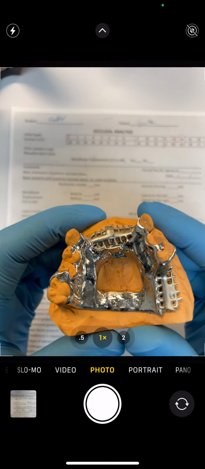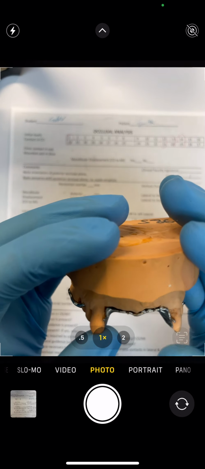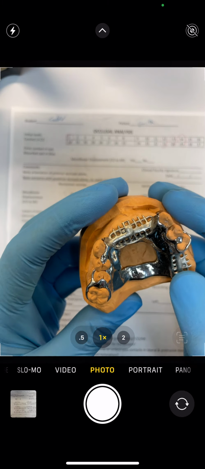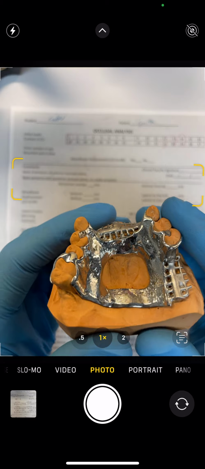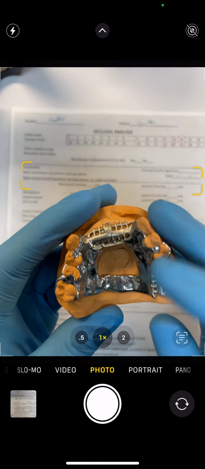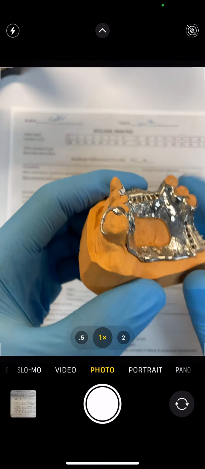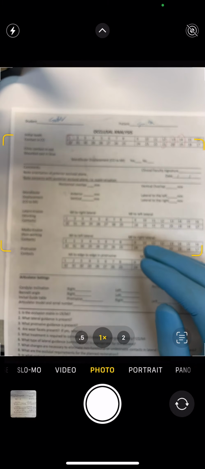So again, we are teaching fixed partial denture, I know, but a lot of patients cannot afford fixed partial dentures or dental implants. They go with the partials, and this is the partial framework, how it looks. This patient will receive teeth later on after we try the framework.